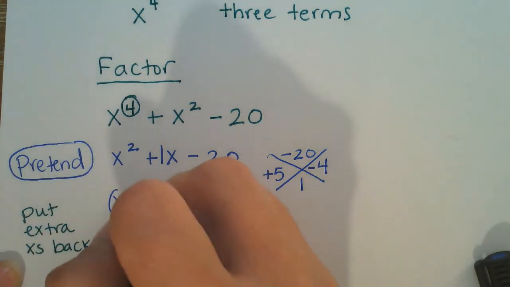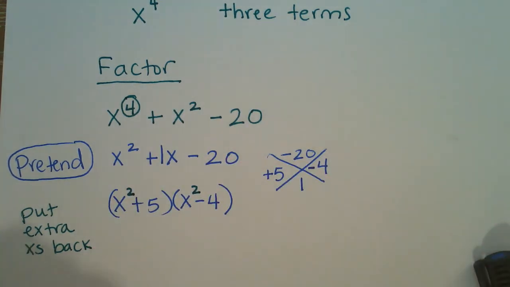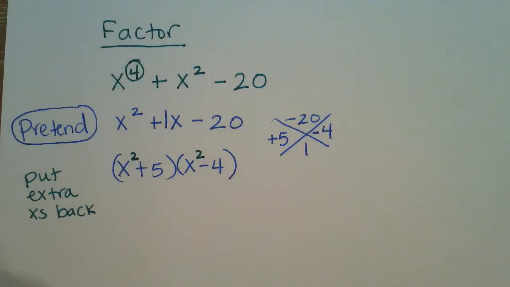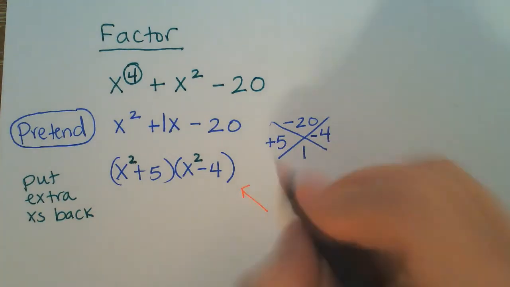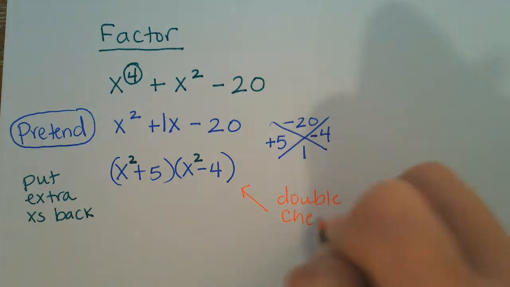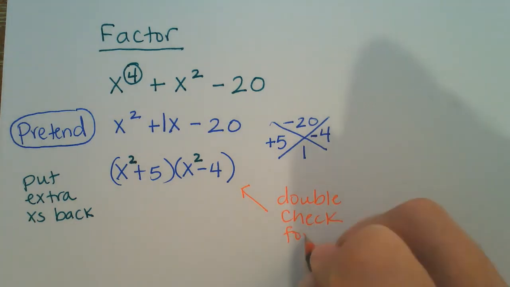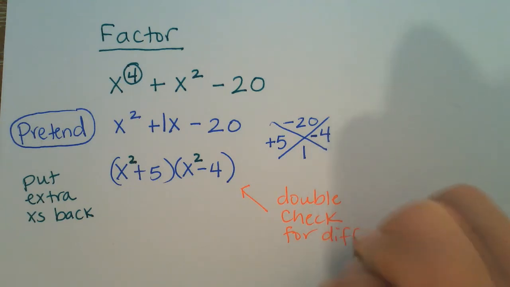And I have to be fair about it. So I'm going to put 2 here and 2 here. So the trickiest part about this process is that we have to double check each parenthesis for a difference of squares.